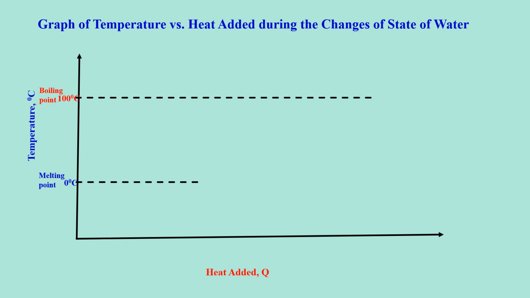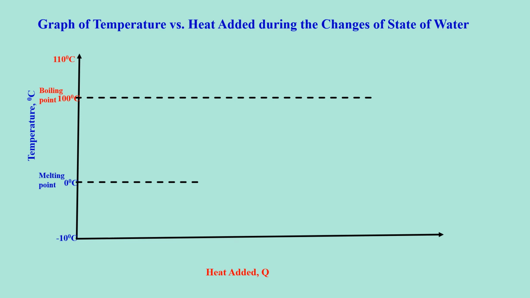Supposing we are given a block of ice at minus 10 degrees Celsius, and we are going to find the total heat needed to bring this ice at minus 10 degrees Celsius to 110 degrees Celsius.